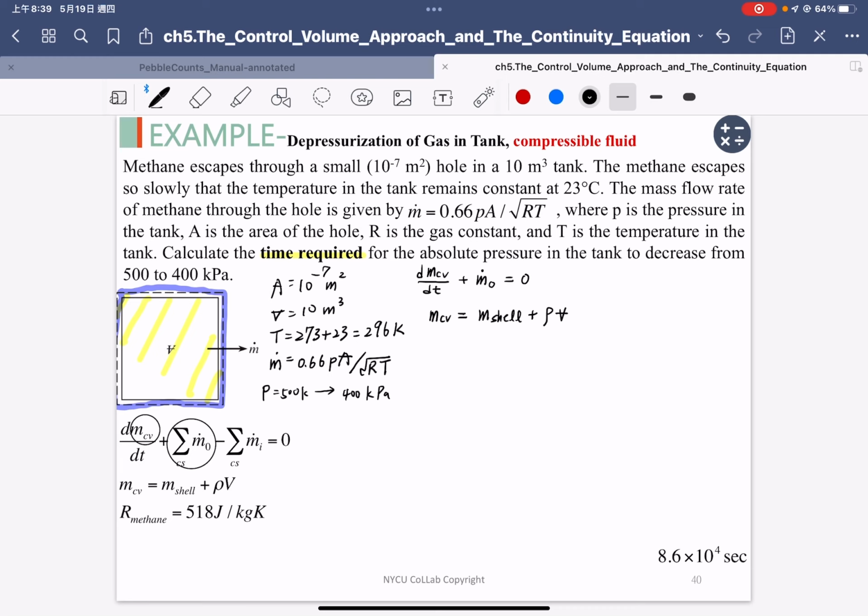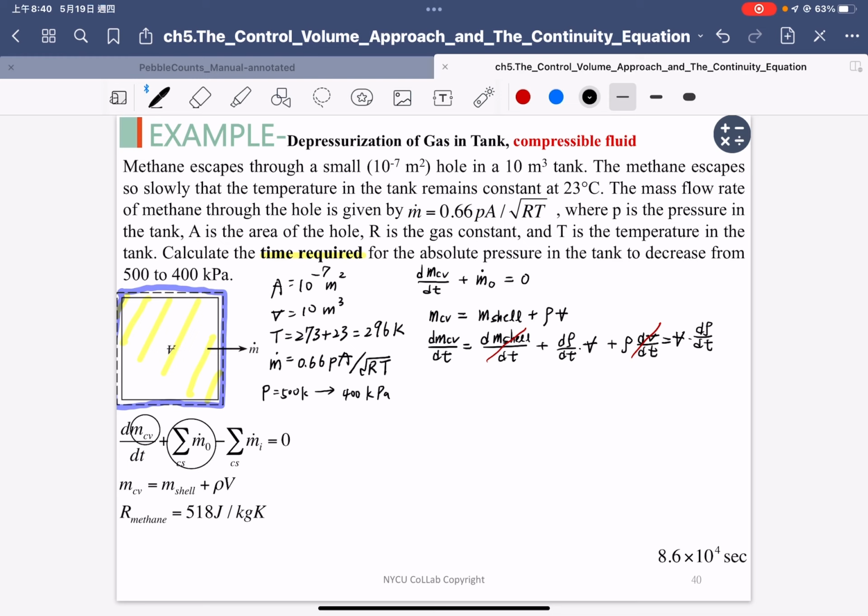Then we compute the differential: dm_CV/dt equals dm_shell/dt, which equals d rho/dt times the total volume, plus rho times dV/dt. Checking each item in the formula, the mass of the shell cannot change with time, and the tank volume is also fixed, so we don't have those terms. Rearranging, we have the total volume multiplied by the density change with time.